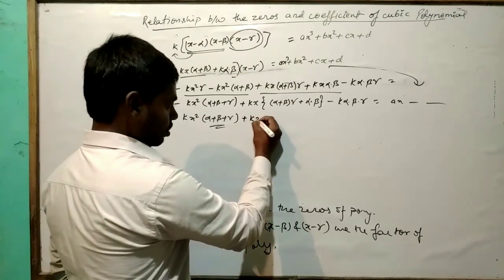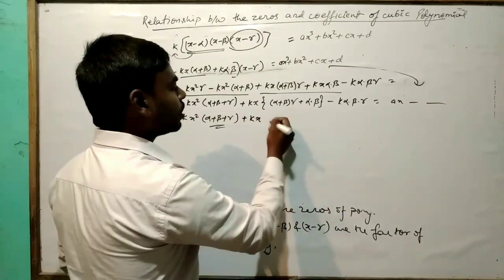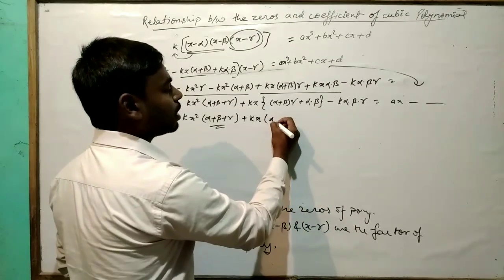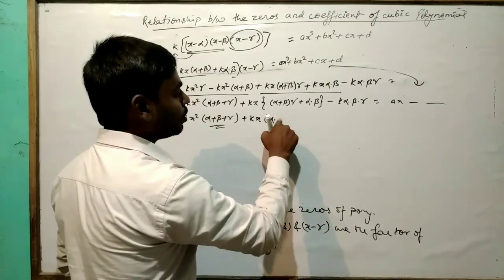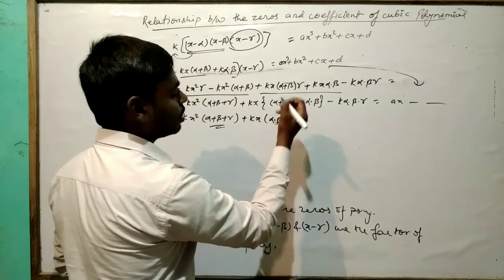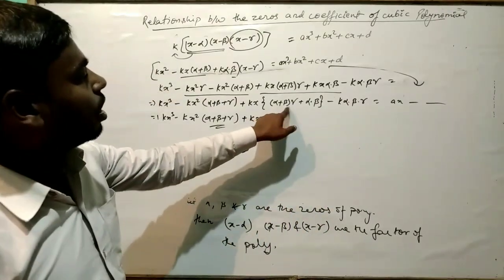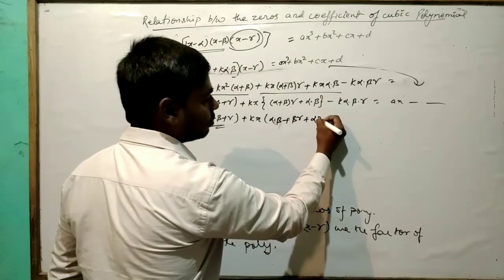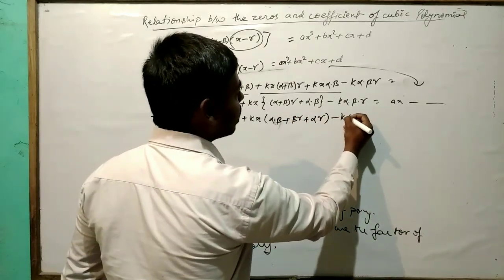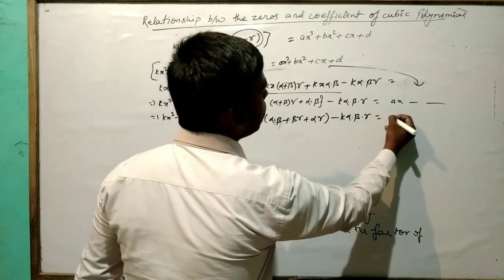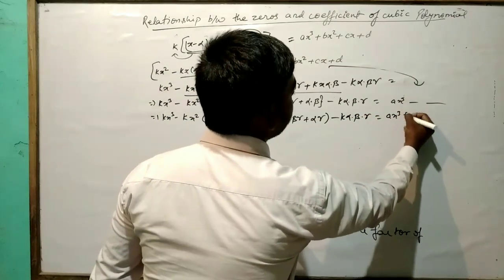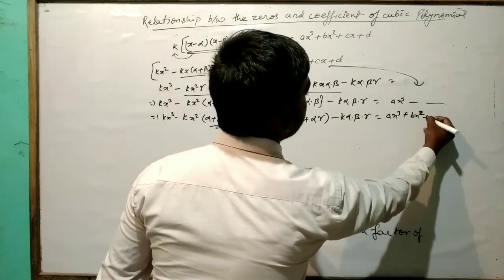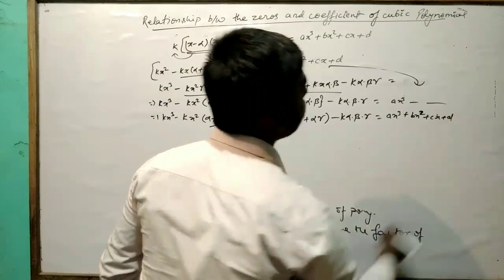Now kx into, again we arrange alpha into beta first, then alpha into gamma and beta into gamma, minus k alpha into beta into gamma, equal to ax cube plus bx square plus cx plus d.